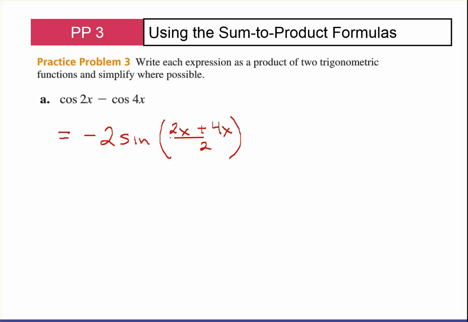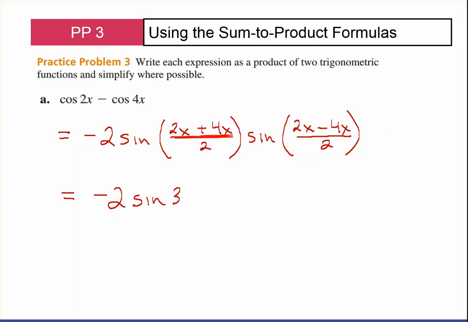Extend that line just a little bit further there. And then multiplication by sine of the subtraction of the 2 angles, divided by 2. All right, and again, negative 2. Let's see, sine, that's going to be 2x plus 4x, that's 6x, divided by 2 is 3x, times sine of 2x subtract 4x, negative 2x, divided by 2, so a negative x.